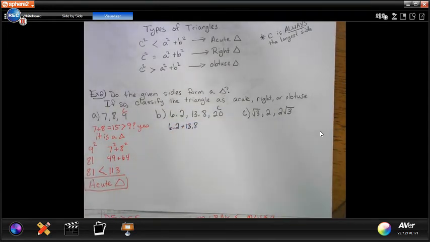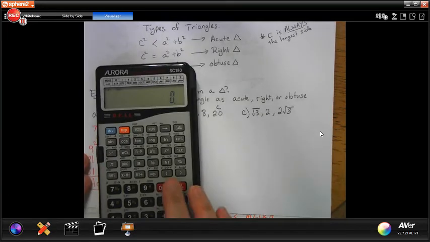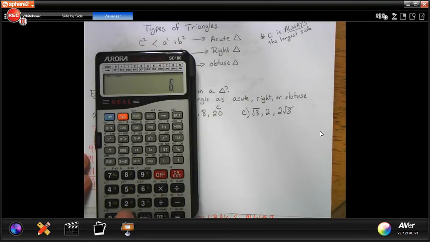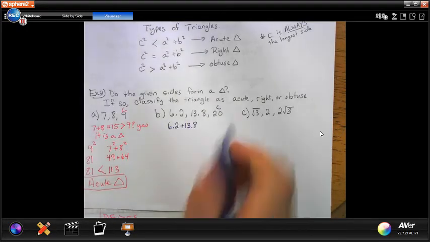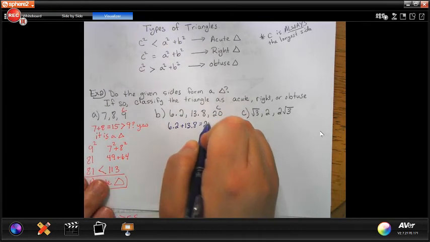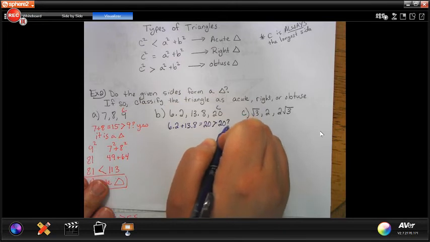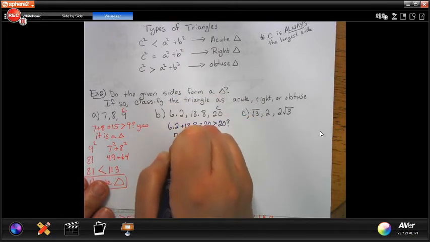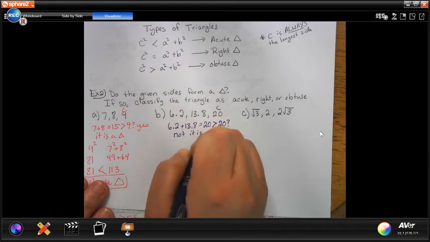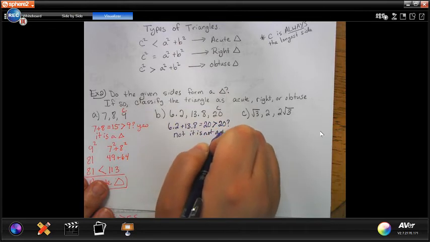I'm not great with decimals, so I have to add them. Equals 20. So the question is, is 20 bigger than 20? The answer is no. It is not a triangle.